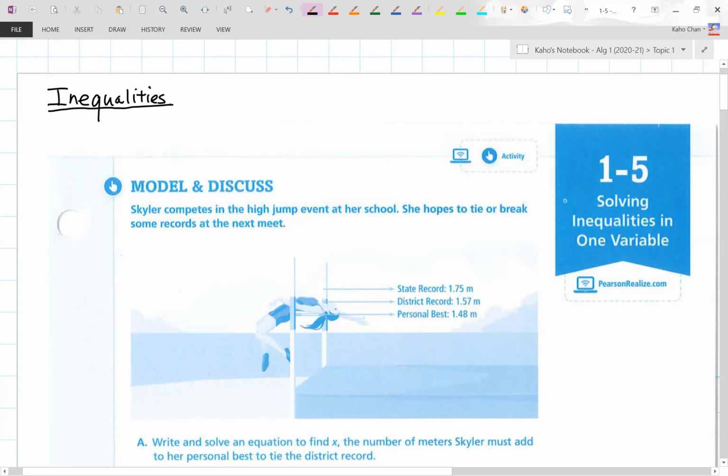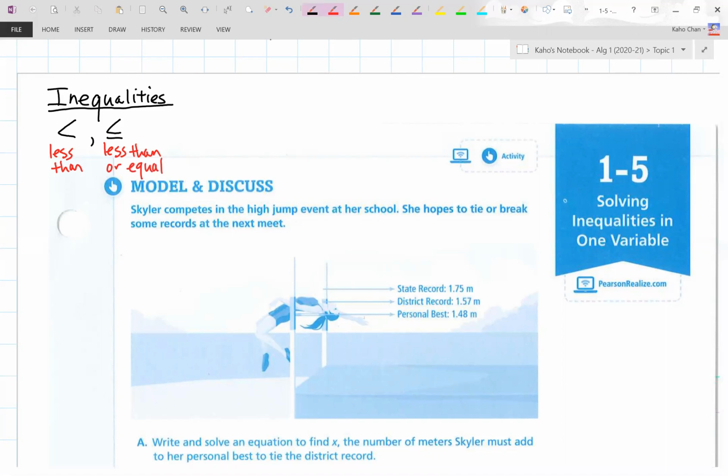All right, there are 4 inequalities. First one is this symbol. Looks like the letter L, and it stands for less than. If you put a little underline underneath it, it's less than or equal to. In the other direction, we have greater than.